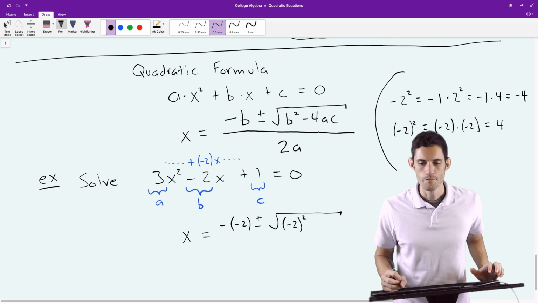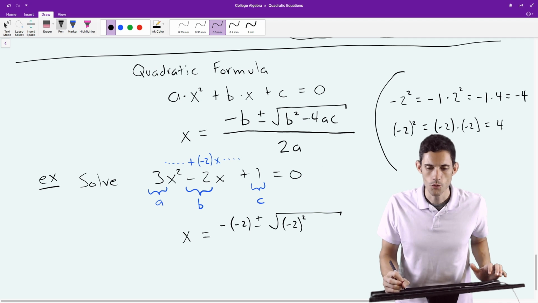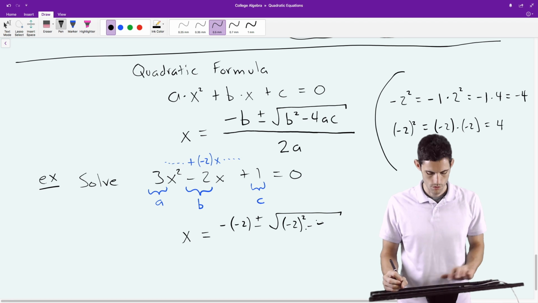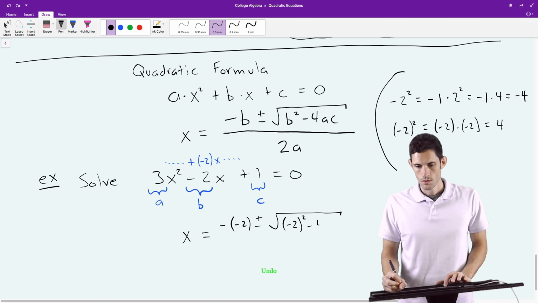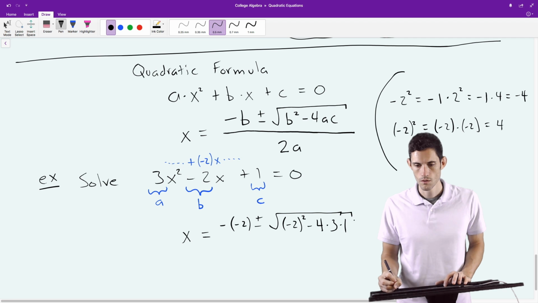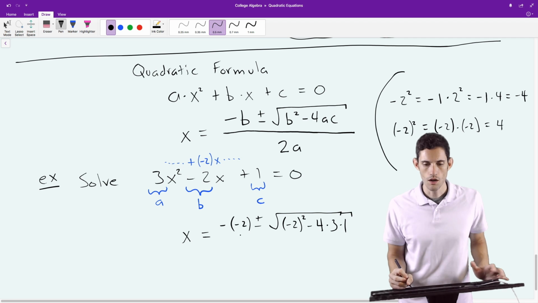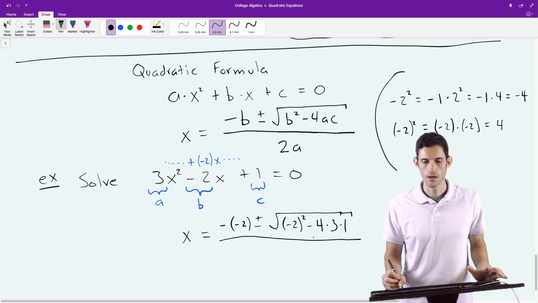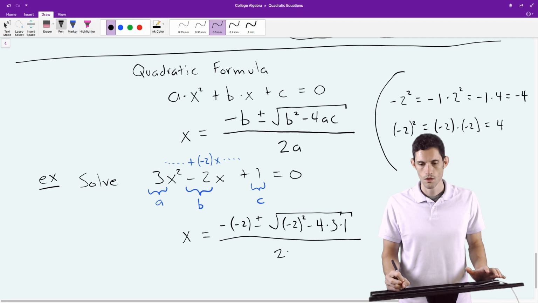So continuing on in the quadratic formula, I've got a minus 4, and then times a, so a is 3, and then times c, and c is 1. And then all of this over 2a, 2 times a, where a is 3.